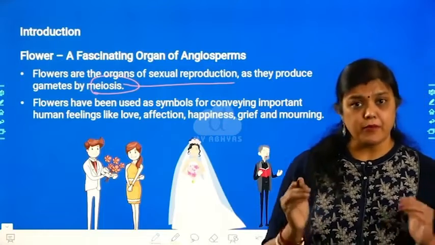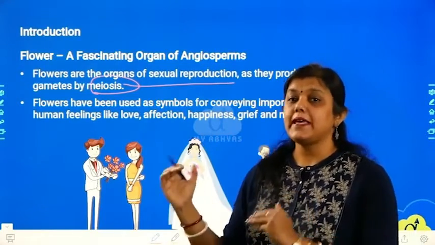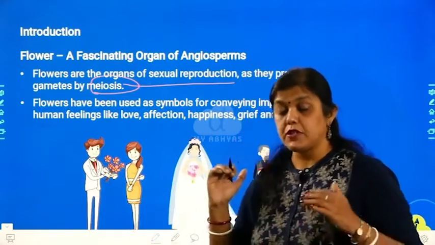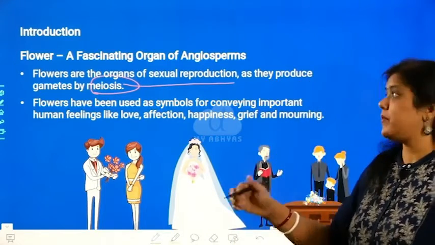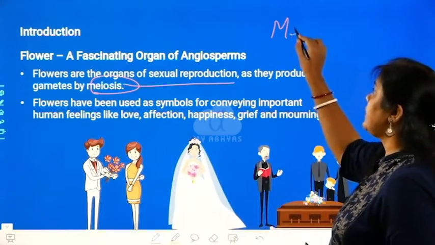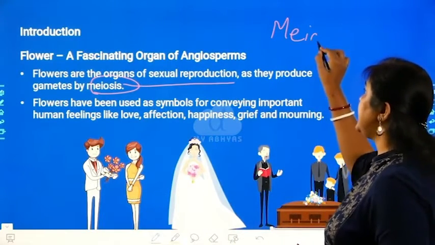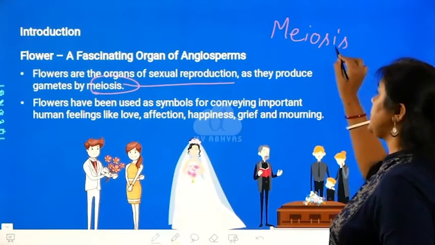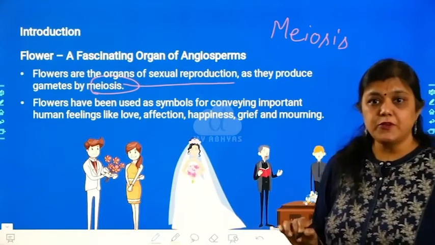It is the same process that is followed by any sexually reproducing organism, it may be a plant, it may be an animal. So in the flower also we see a cell division called meiosis. I hope you know what meiosis is.